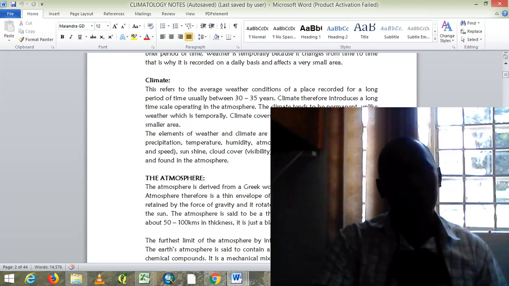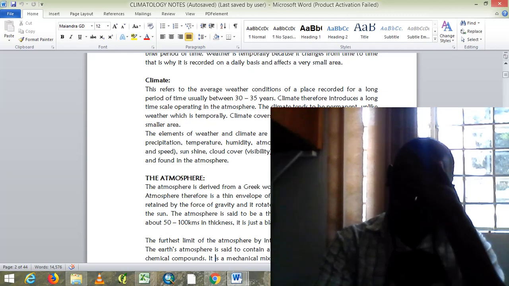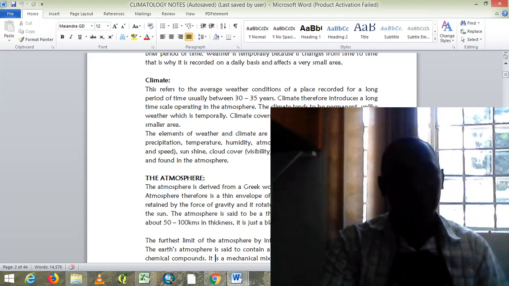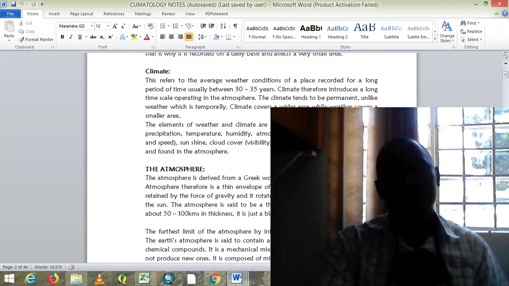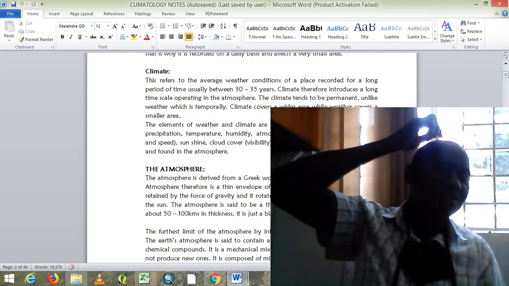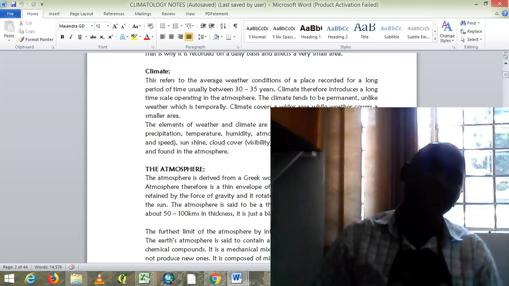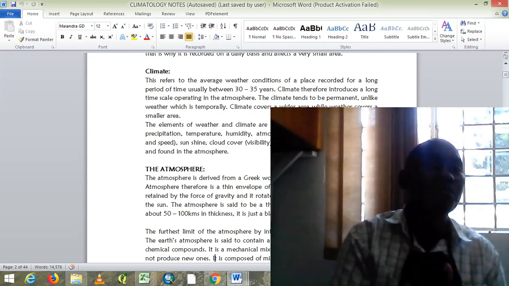The elements of weather and climate are the same, and they include precipitation and temperature. Precipitation is the bigger word. Rainfall is an aspect of precipitation.